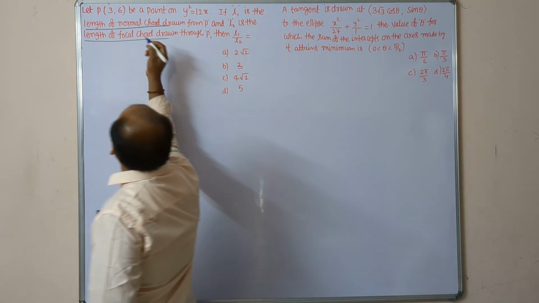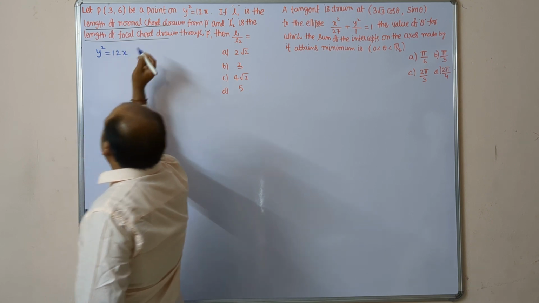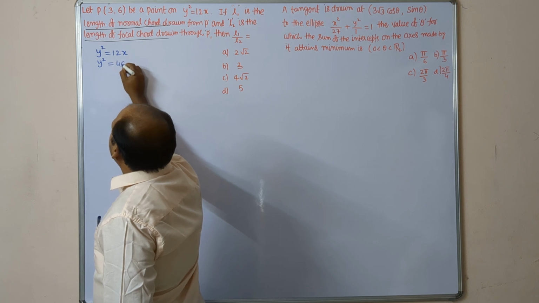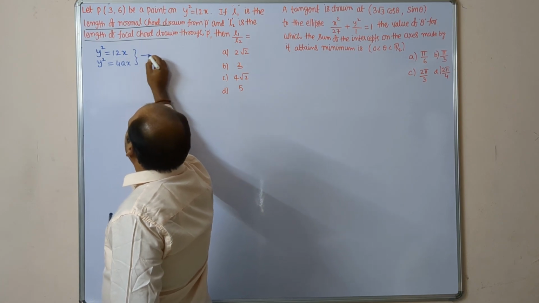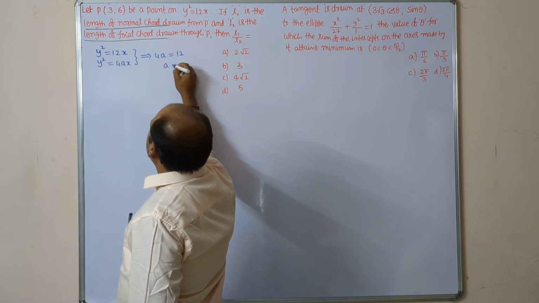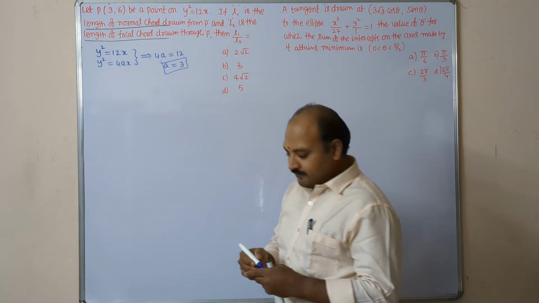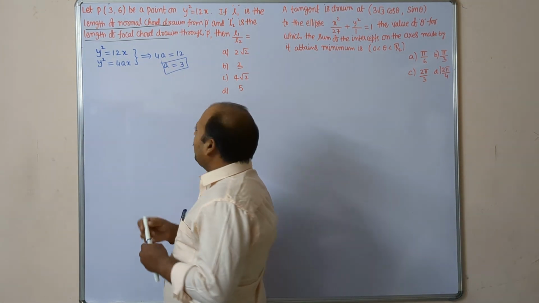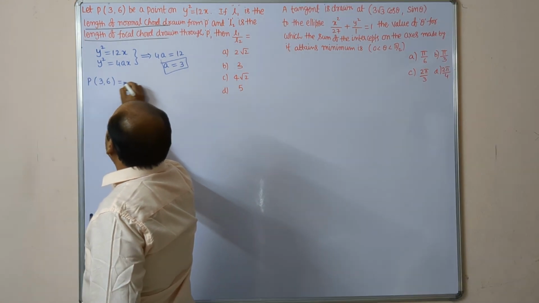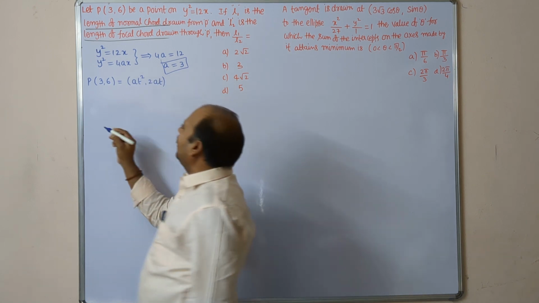First, what is the given equation of the parabola? y square is equal to 12x. Compare this equation with y square is equal to 4ax. So that implies 4a is equal to 12. Therefore, a is equal to 3. The given point is P(3, 6), that is equal to (at square, 2at), the parametric point on the parabola.